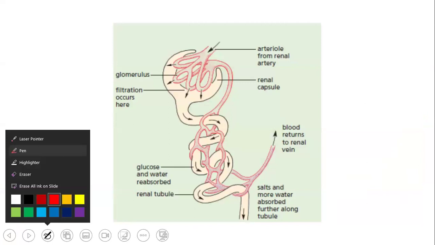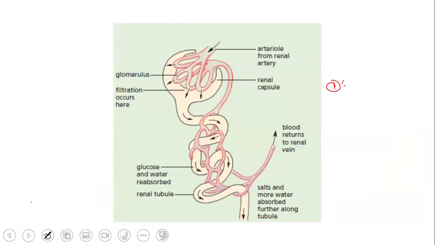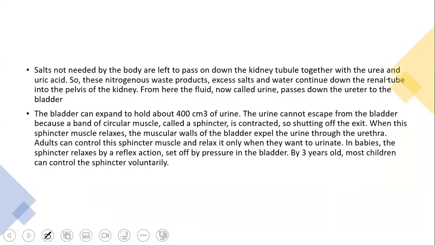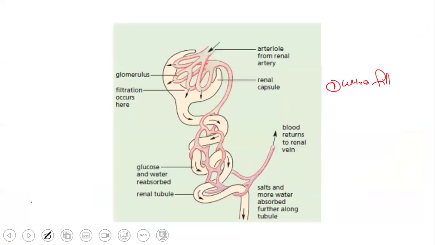One is ultrafiltration, and the other one is selective resorption.